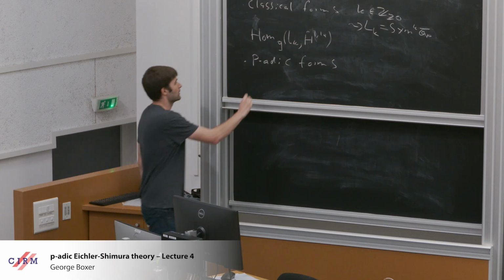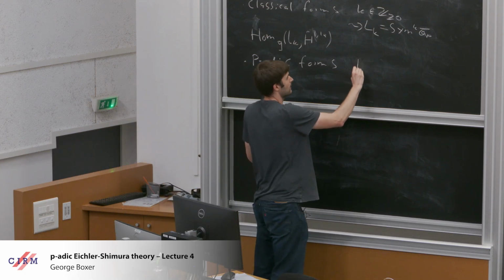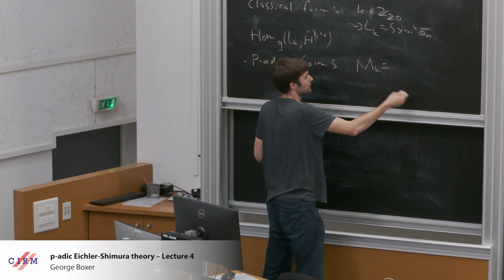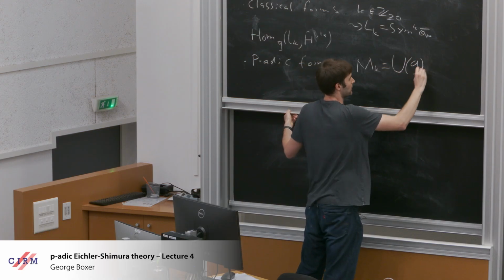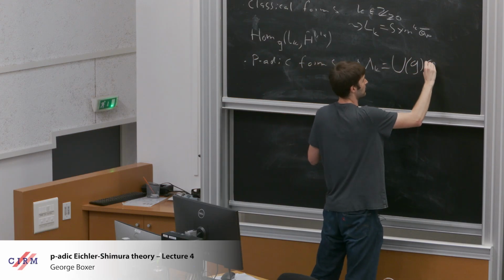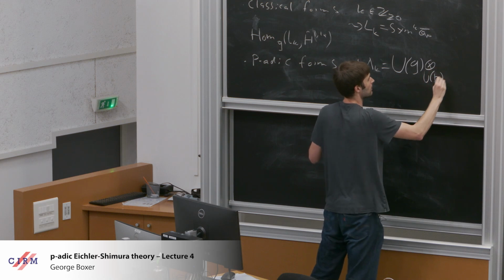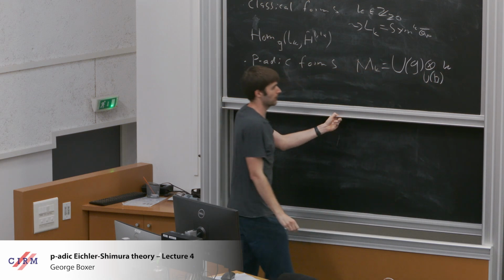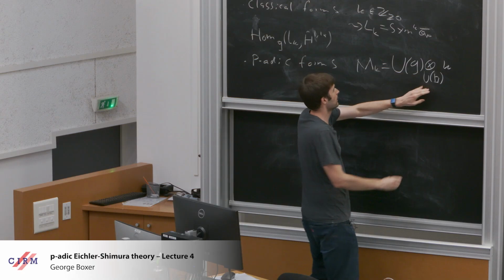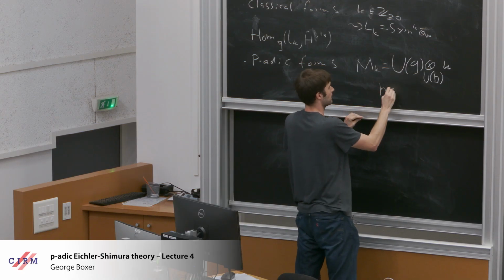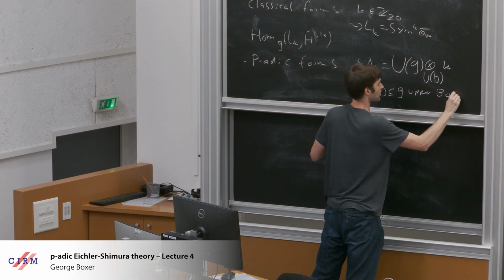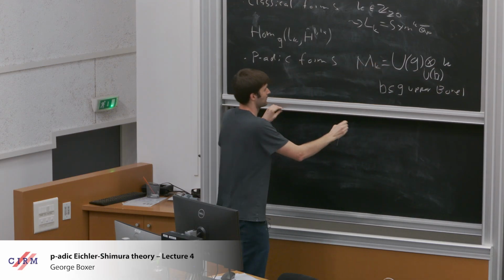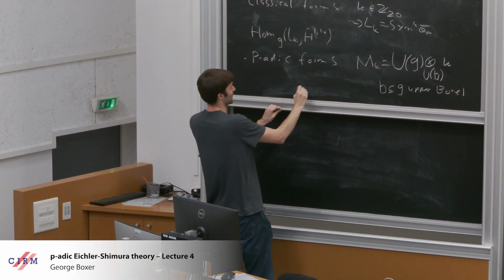So what we're going to do is take M_k to be the Verma module. And what is that? It's some kind of induction of Lie algebra representations. Here, B inside G is the upper triangular Borel. Now my board work is terrible.